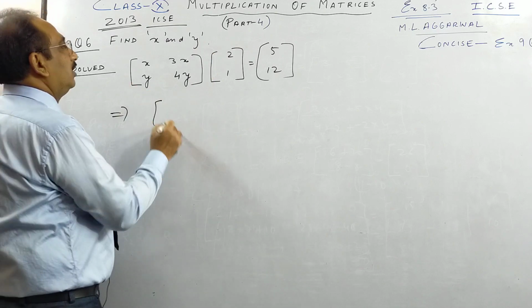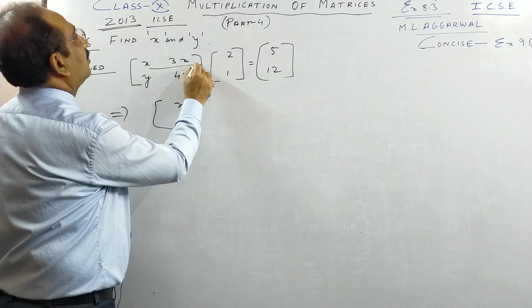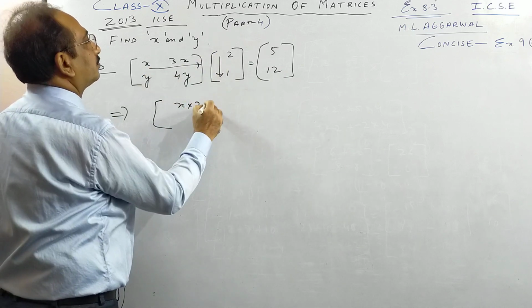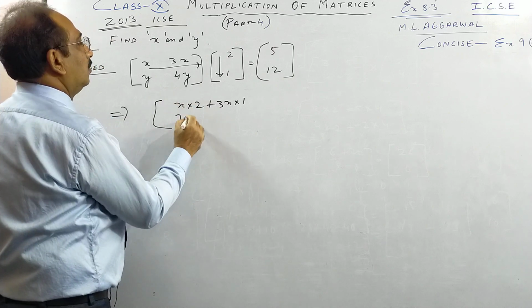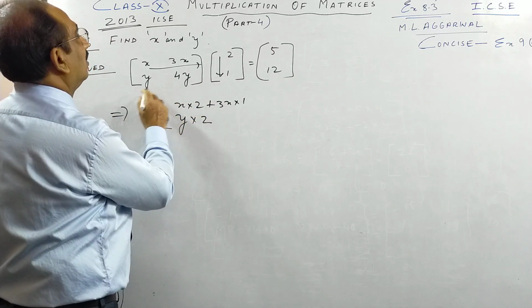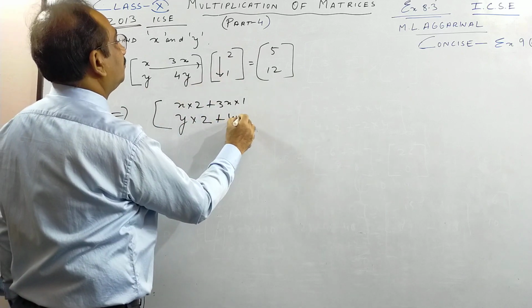So we apply first row, this with this, with first column. Second row with first column.